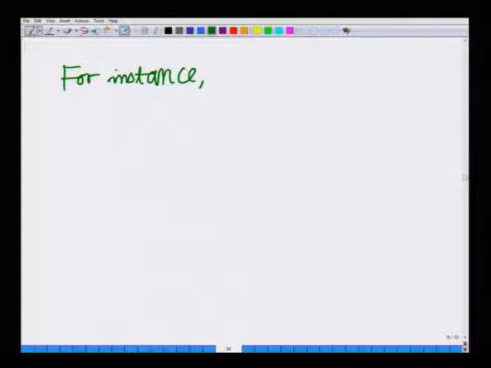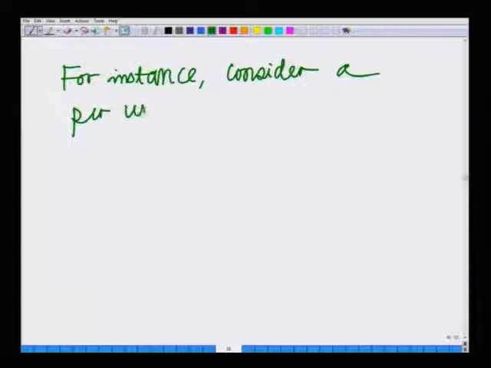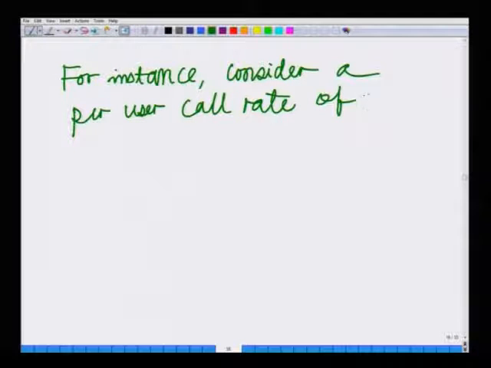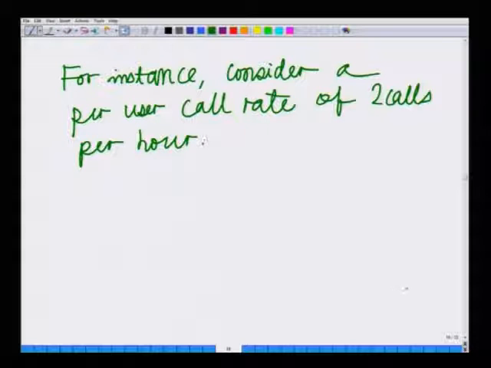Consider a per user call rate of 2 calls per hour, of average duration 2 minutes each.